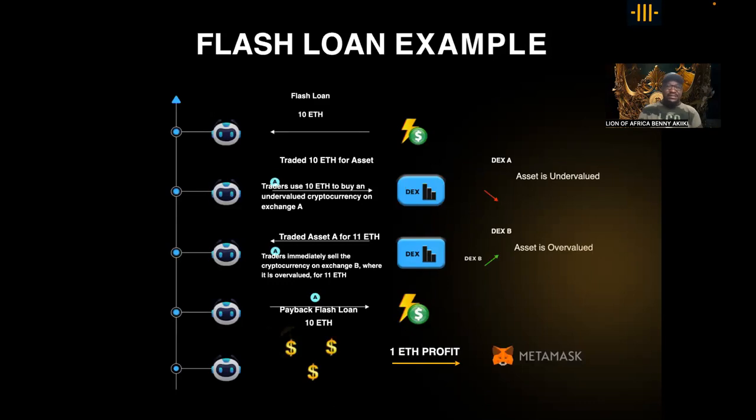Now, let me give you an example of how this flash loan will be executed. I'll go borrow 10 Ethereum from Avi, who is currently connected to us. Avi will only release the 10 Ethereum because they know that I'm on a smart contract platform, which is operating on a DeFi kind of concept.